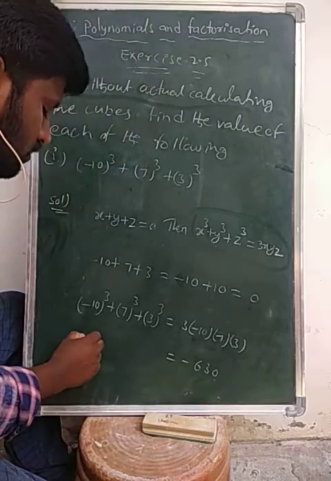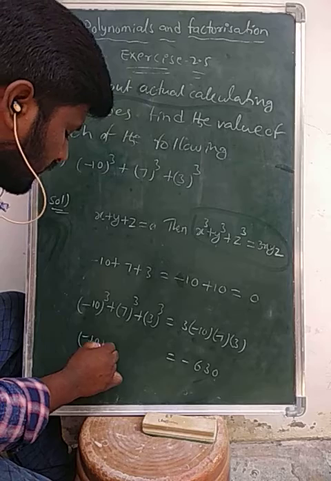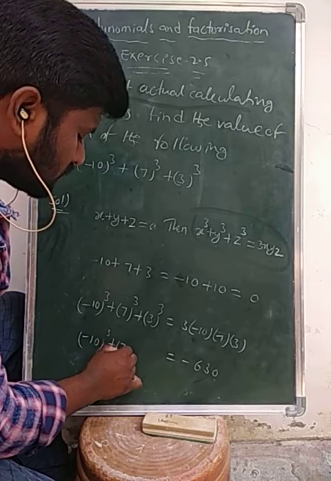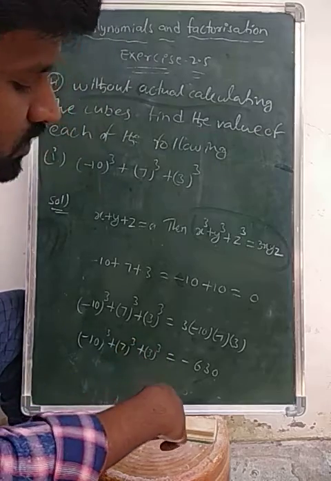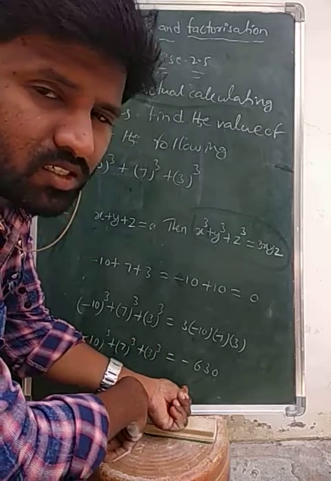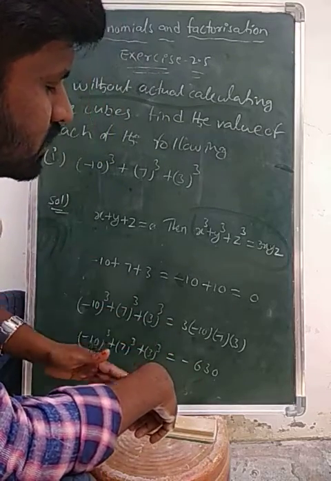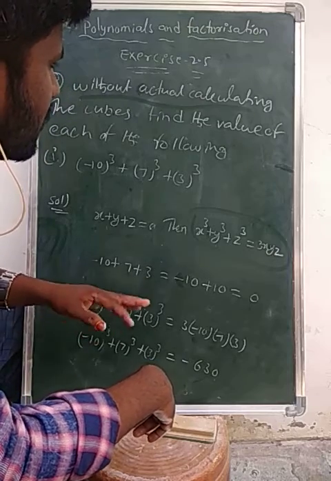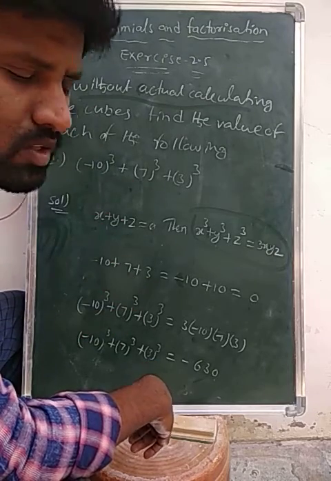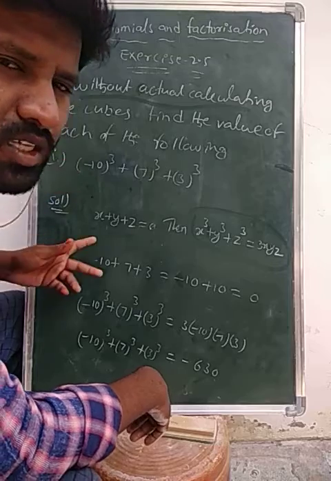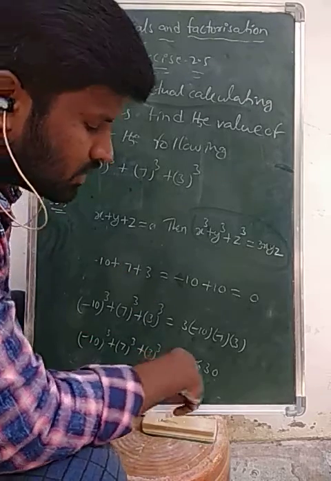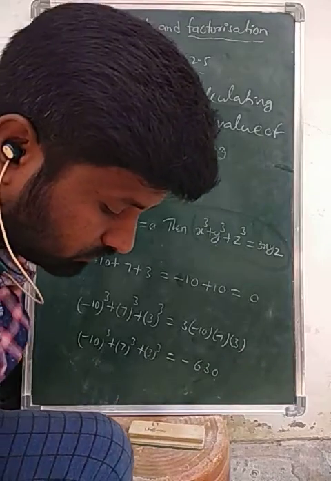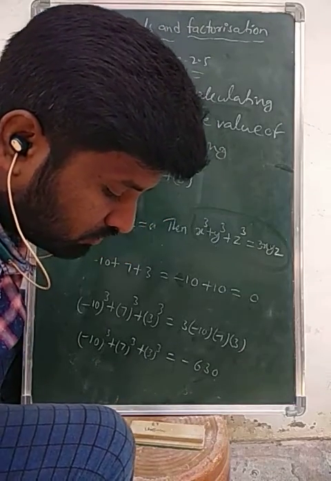So minus 10 cube plus 7 cube plus 3 cube is equal to minus 630. So this is the answer without doing actual calculation. We used the identity. In the same manner, practice the remaining questions in this way. Now, question number 15.